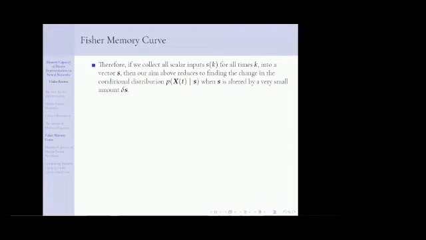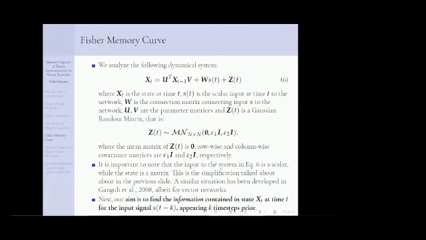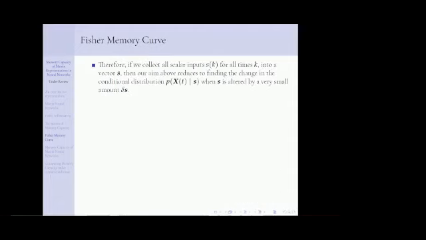So we need to first construct a parameterized distribution. And now you see the point of why we take a scalar input, because we can now find the distribution of xt given the past inputs. And this is what is portrayed here.